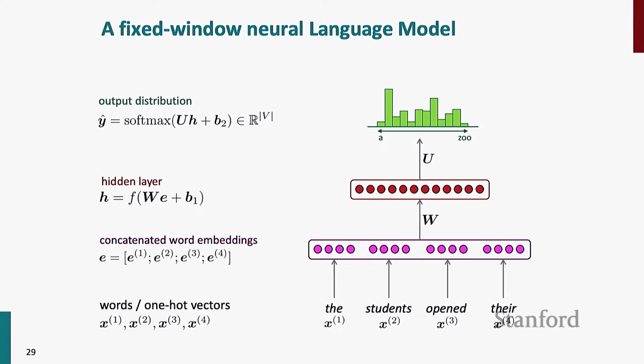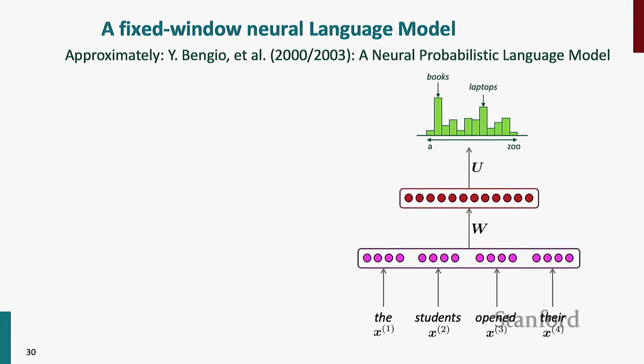And apart from the fact that we're now doing a classification over many classes, this is exactly like what we did last week. So it should look kind of familiar. It's also kind of like what you're doing for assignment 2. And so this is essentially the first kind of neural language model that was proposed.